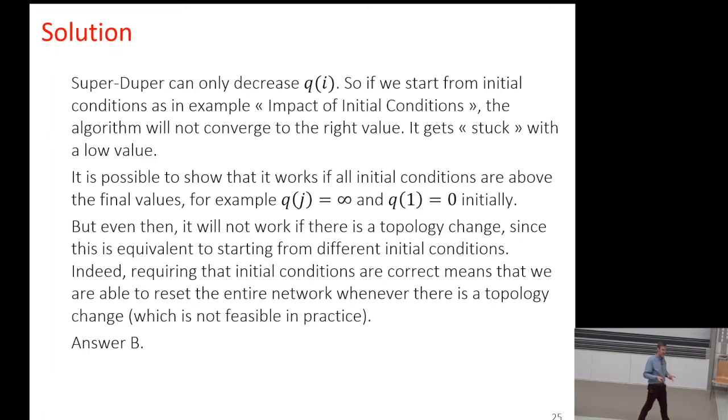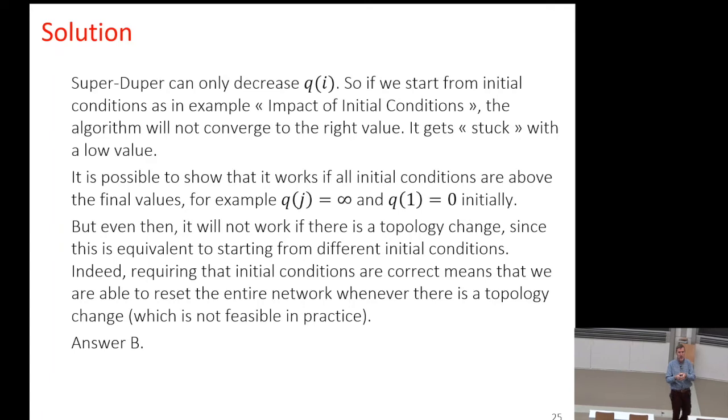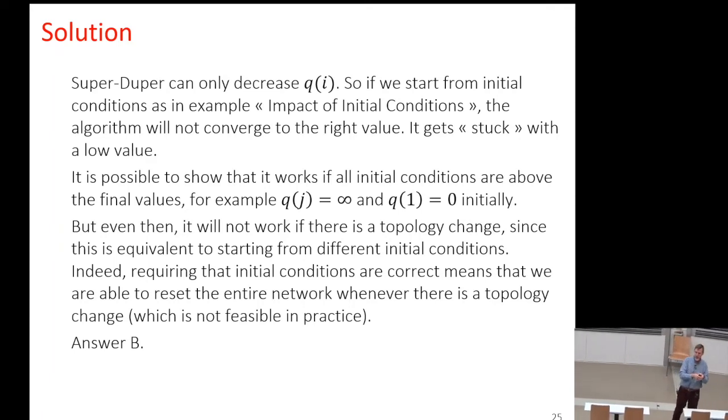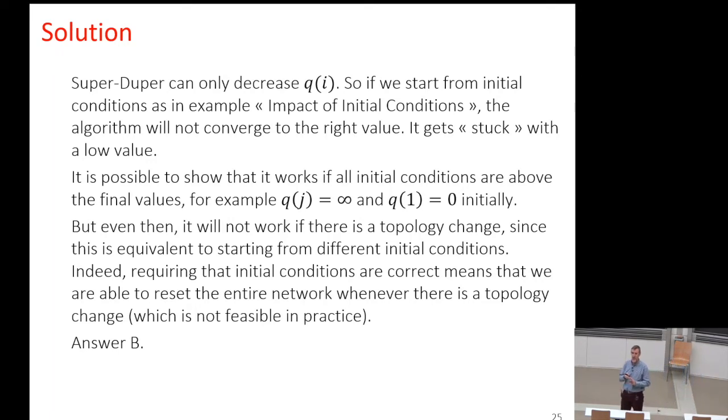If you look at this algorithm, it compares the estimate it has now to what it would have if the next one is better. So this algorithm can only decrease the value of Q of i. It can only improve. Whatever this algorithm does, it will never produce a value higher than the one we have now.